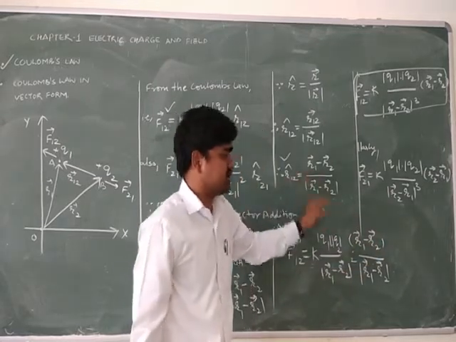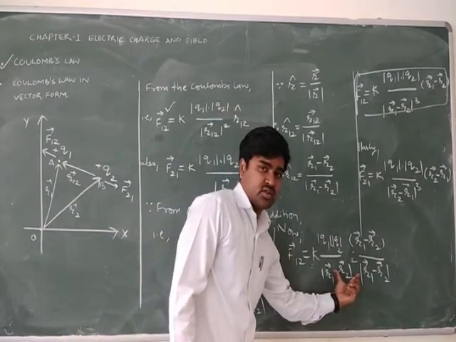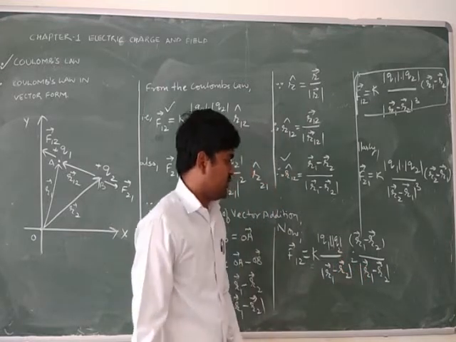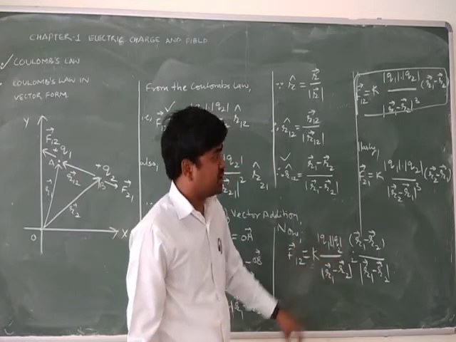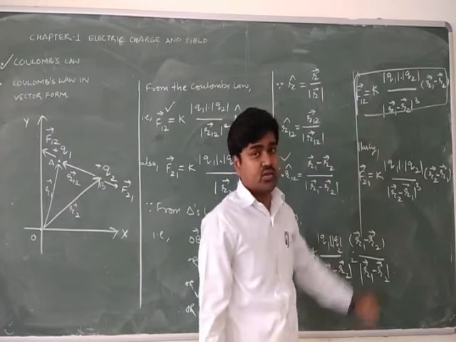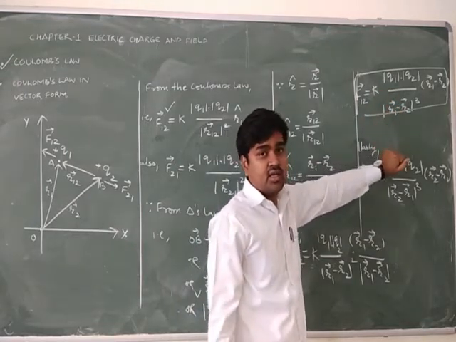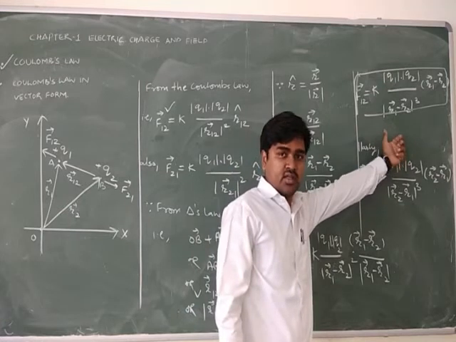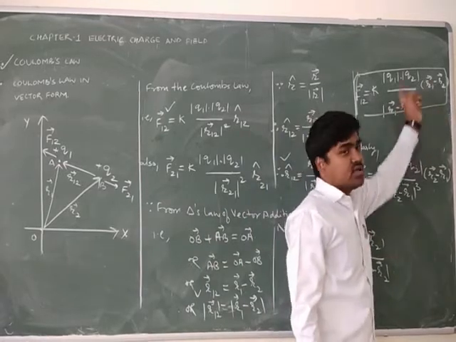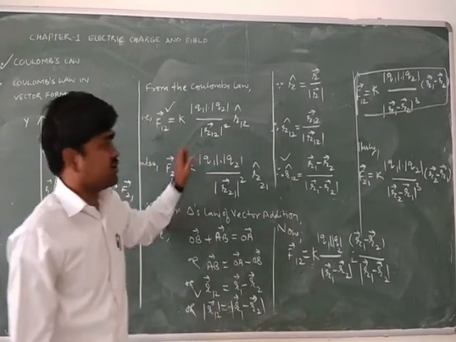The value of unit vector is this, so we have placed it. Now you can multiply these two because these two are in the same form. So the equation becomes like this: the force on first charge due to second is equal to k times the magnitude of q1 into magnitude of q2 divided by the cube of the distance between these two position vectors, right? And here is the result after putting these two values in this equation.